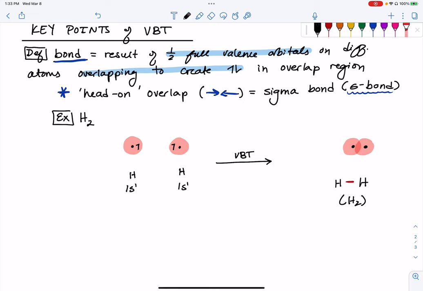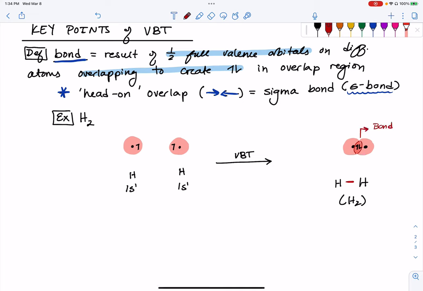And in this region of overlap, what were once unpaired electrons in each of the 1s orbitals on hydrogen now become a spin-paired electron duo in that overlap region. And it is this spin pairing in the overlap region that forms our bond.